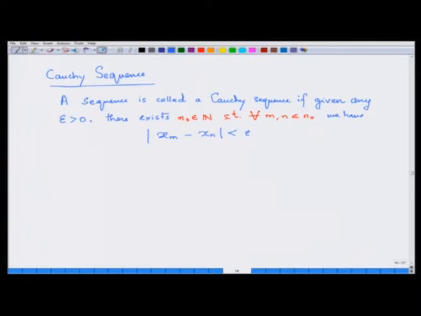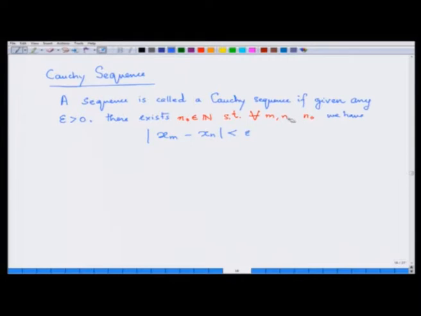It could be that your n is n naught plus 1 and your m is n naught plus 50 million, it does not matter. The distance between them can always be made less than this epsilon once n naught is given.